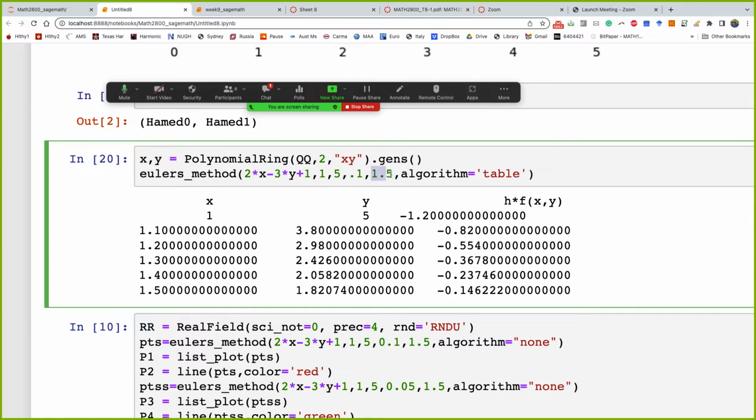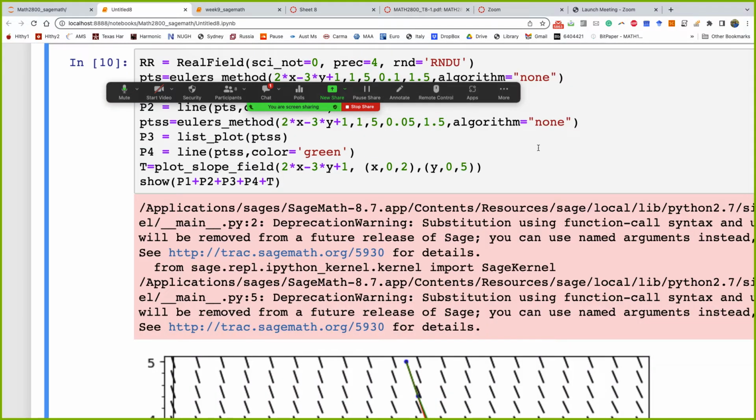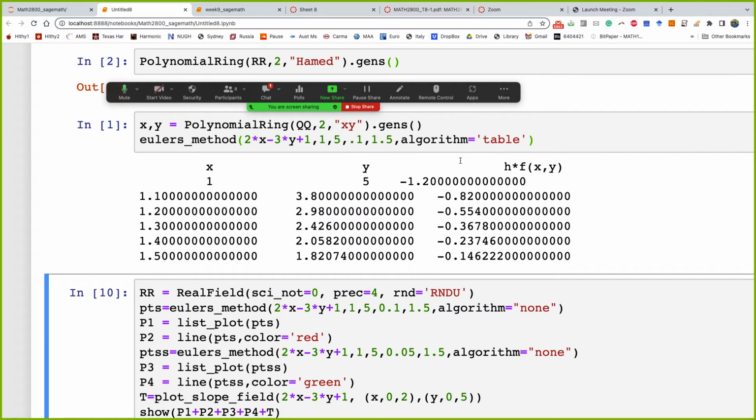What we want is to calculate y of 1.5. Will it work? Okay, it worked.